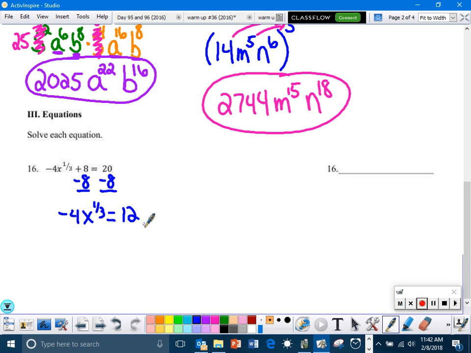Step 2, we're going to divide by -4. Step 3, we are going to get rid of the 1/3, meaning we're going to multiply by its reciprocal in the exponent.